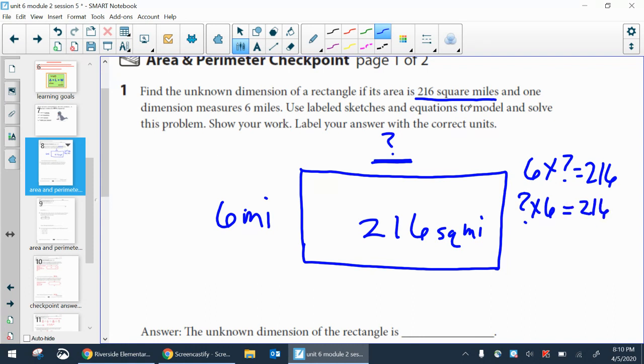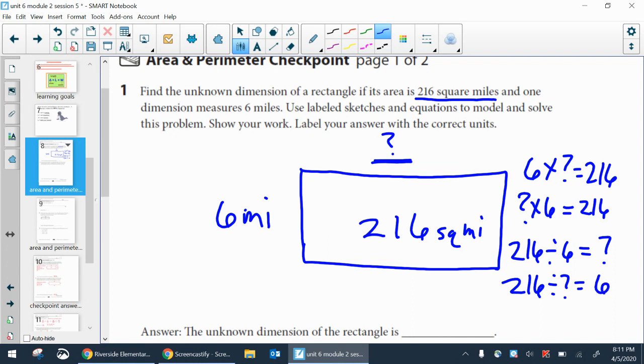Or I know that I can also use my area model as a division problem. This would be 216 square miles divided by 6 miles equals my unknown, or 216 divided by my unknown equals 6 miles as well.